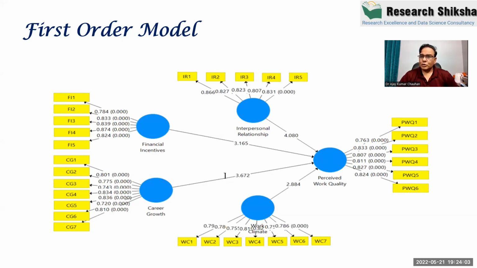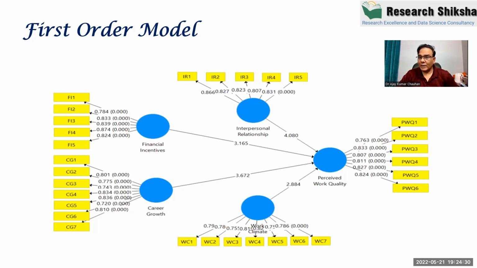So it is known as a reflective second order. But financial literacy is also a second order, and it consists of financial knowledge, financial behavior, and financial attitude. So it is a second order formative construct. So we have both second order formative constructs and second order reflective constructs.